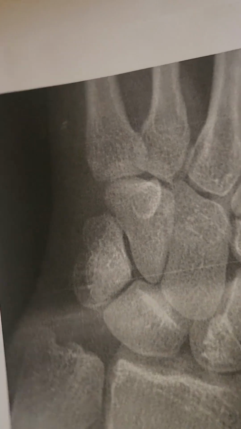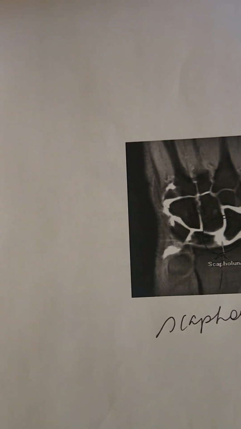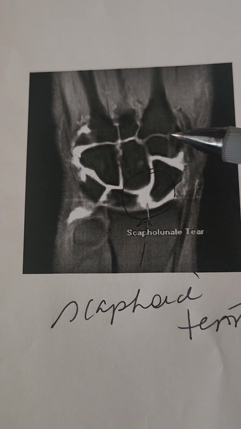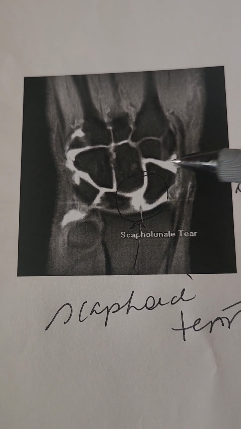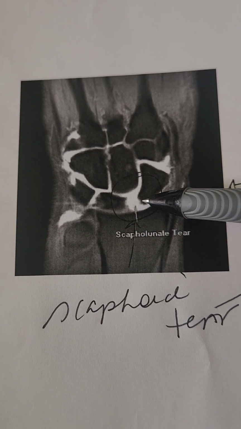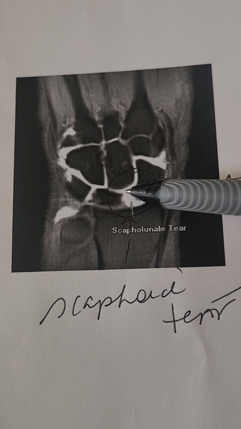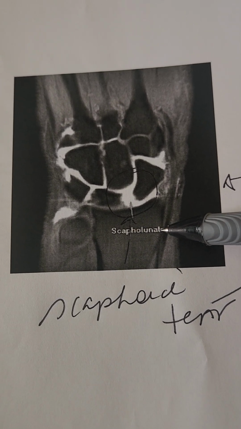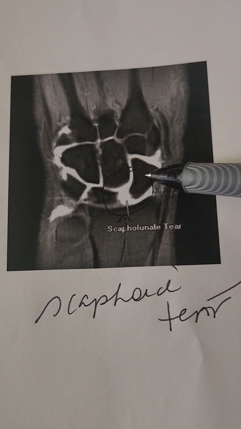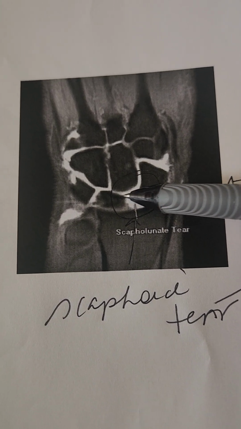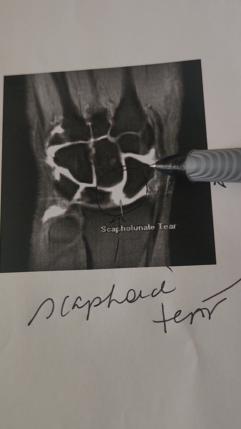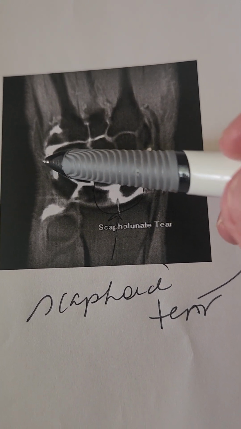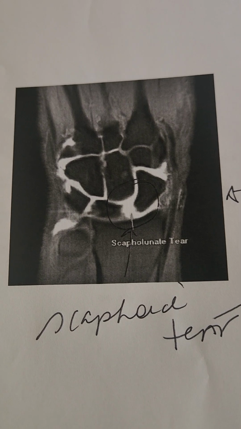Now, after that, here is another picture. Okay, we're still looking for the scaphoid space. And they are verifying that all this contrast here is a possible scaphoid lunate tear. Okay, so all this white that looks like snow is the x-ray contrast.